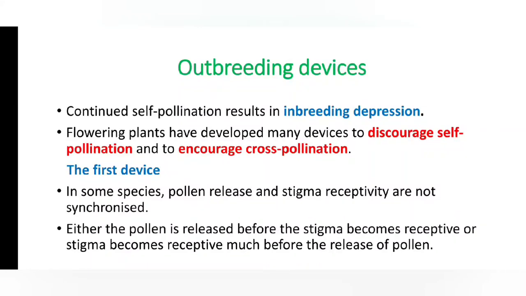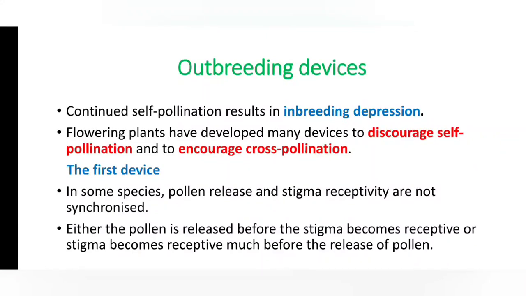The first device: in some species, pollen release and stigma receptivity are not synchronized. The release of pollen and the stigma receptivity, the condition to receive the pollen grains, are not synchronized. What is meant by synchronization? Taking place at the same time.